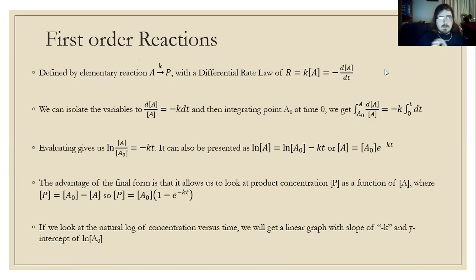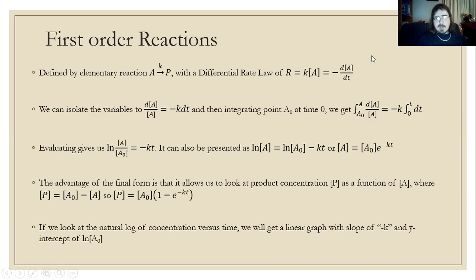Now, how do we get the integrated rate law from this? With k equals negative dA/dt over A, we are going to separate and isolate, so we get the dt to one side and all of the A components to the other side.